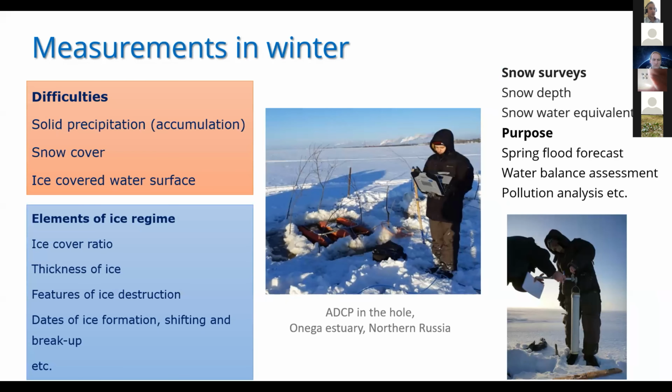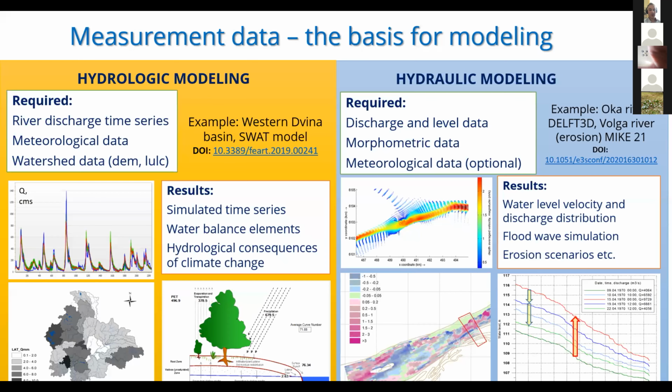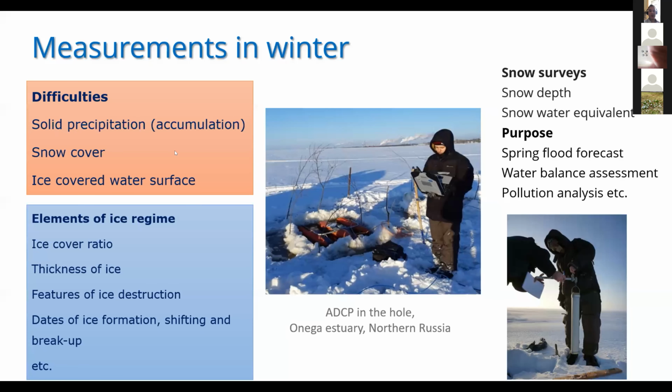I told about very basic measurements in hydrology, and special and very specific measurements are in winter period, especially in Russia and cold regions, such as Finland. And winter measurements bring a lot of difficulties. For example, it's solid precipitation, which accumulates on the watershed catchment and does not go through the river and does not become a river flow immediately.